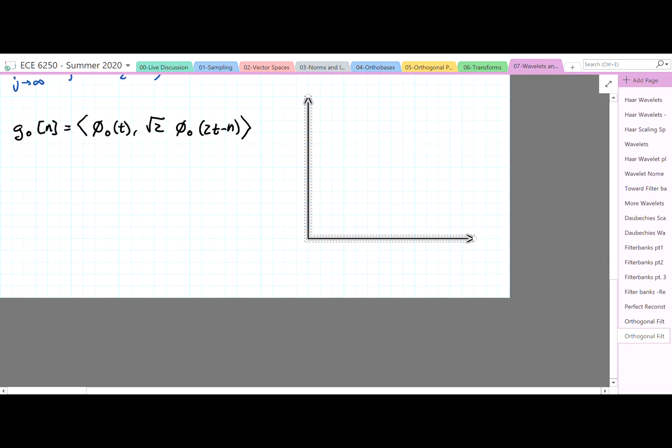When we analyze a signal with a wavelet filter bank, if in general we look at frequency on this y-axis here, time on this axis, and H naught is a low pass filter, as it generally is, and H1 is a high pass filter.